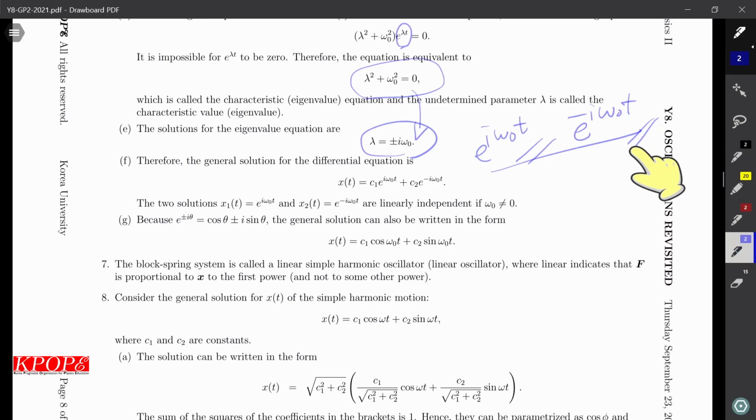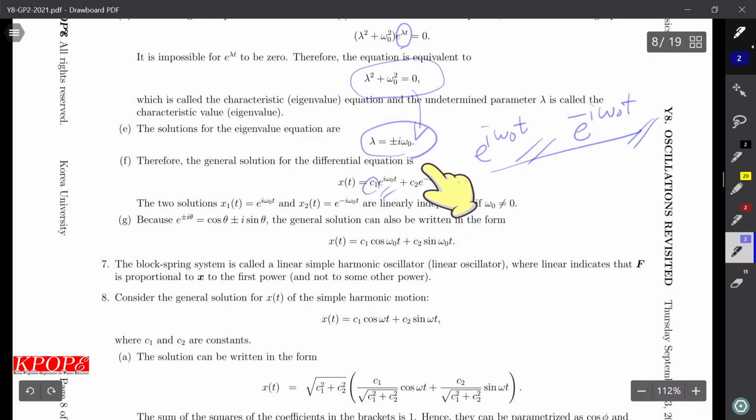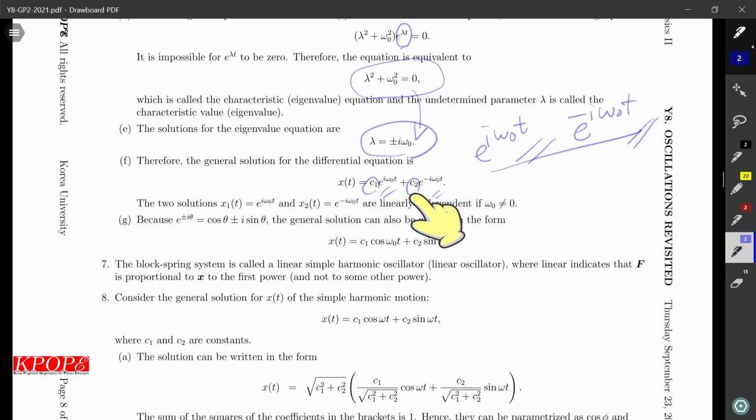Because we have found two linearly independent solutions, and we have already seen that for the second order linear differential equation there must be only two linearly independent solutions, we have found a complete set: exponential i omega 0 t and exponential minus i omega 0 t. Hence, the linear combination of these two functions with arbitrary coefficients, the general solution, is completely obtained.